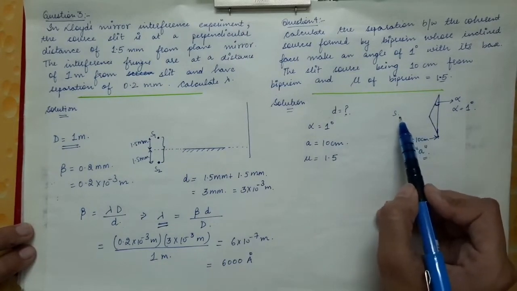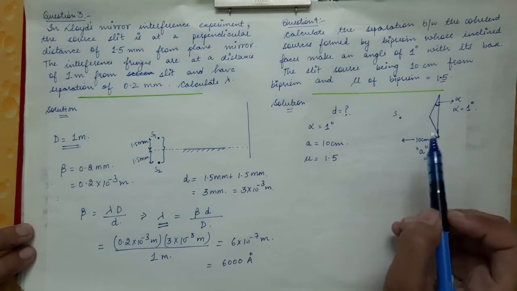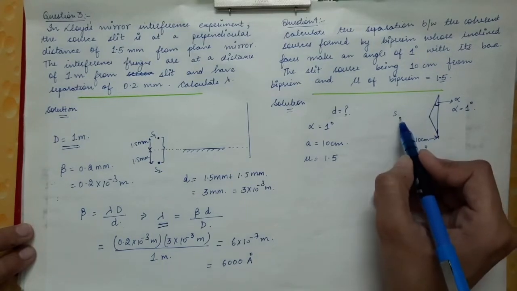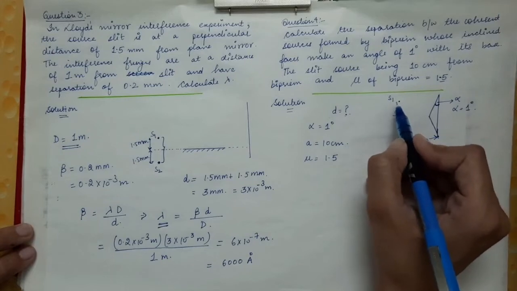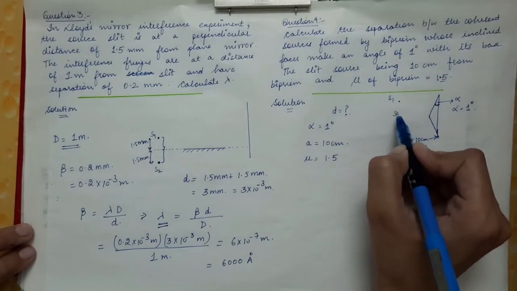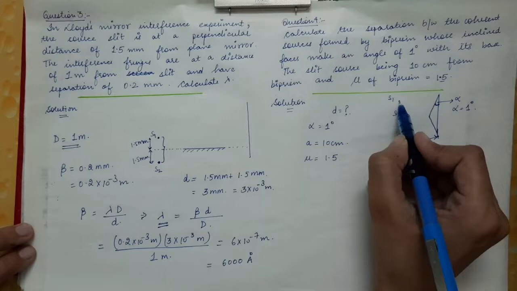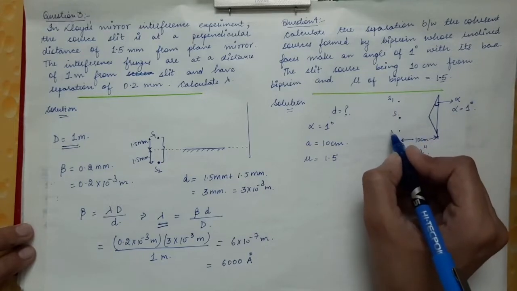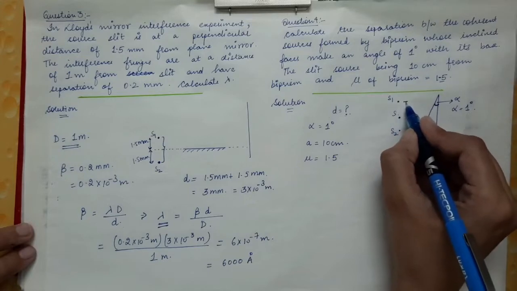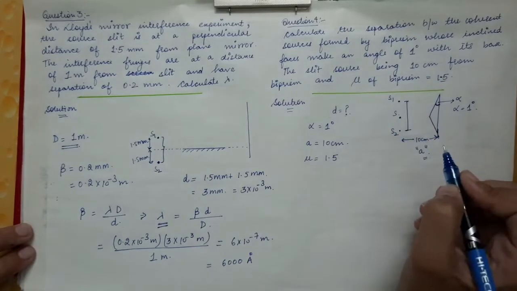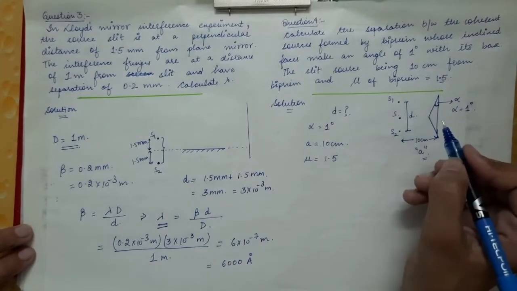Now when the light gets refracted from the biprism, we had seen that two coherent sources are obtained, two virtual images of this real source S. One is S1 and the other virtual image is S2. So we have to find the separation between these two virtual sources, which is given by small d.